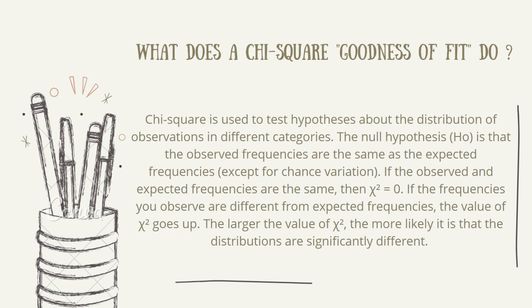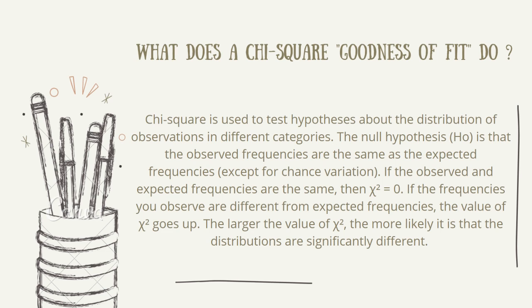Well, chi-square is used to test hypotheses about the distribution of observations in different categories, and the null hypothesis is that the observed frequencies are the same as the expected frequencies, except for chance variation, which is excluded from that.